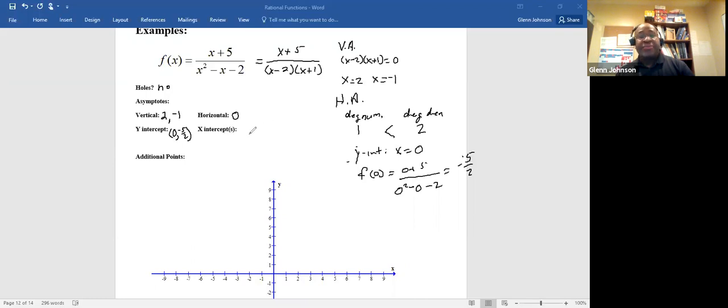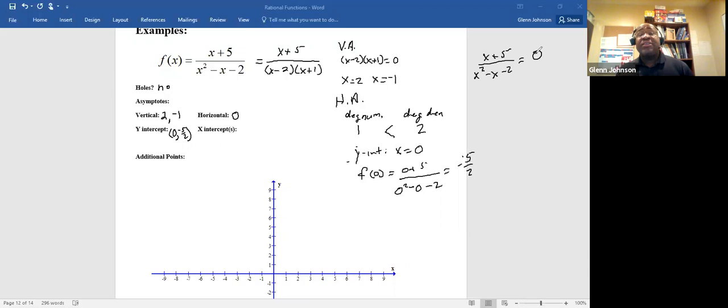For the x-intercept, we set the entire function equal to 0. So we have x plus 5 over x squared minus x minus 2 equals 0.